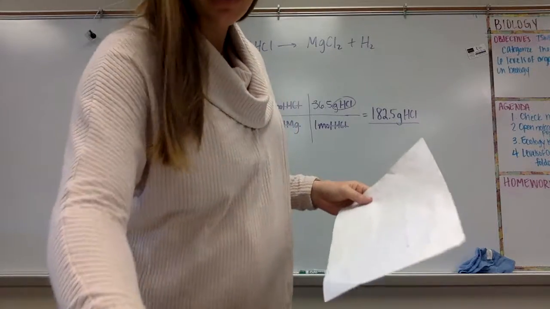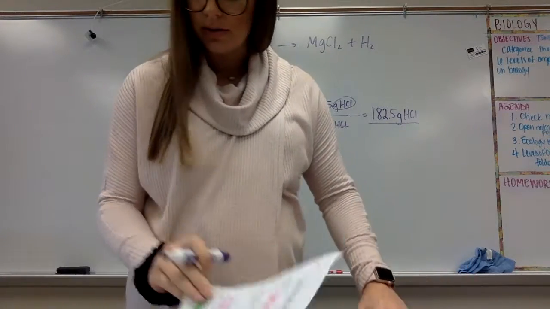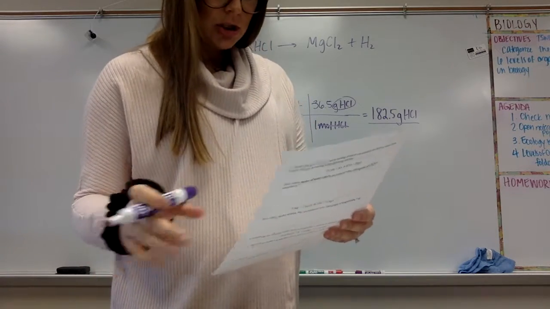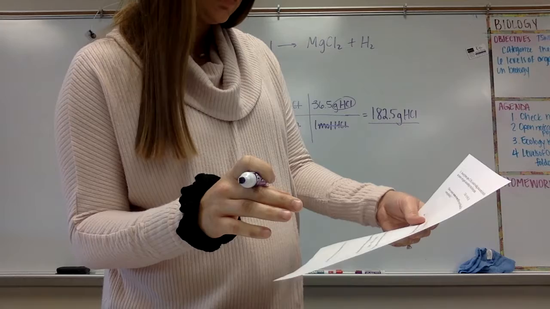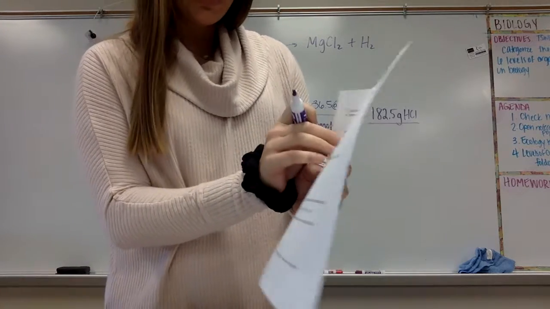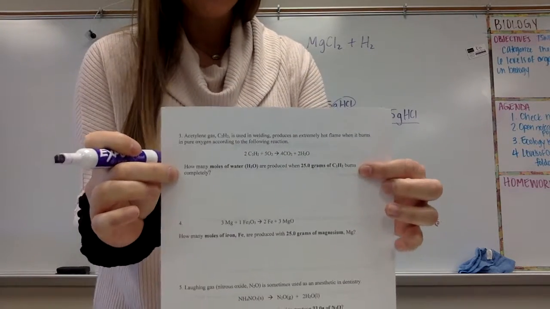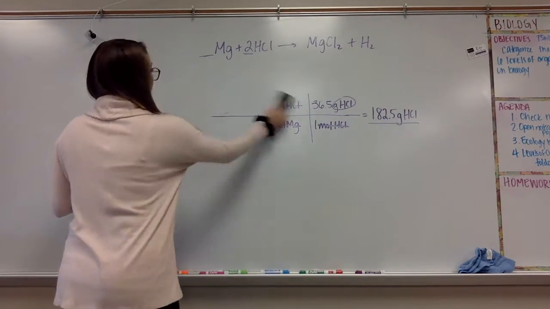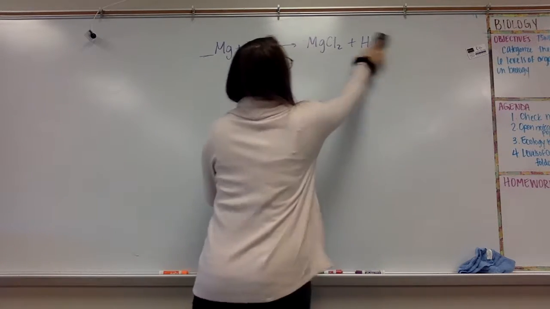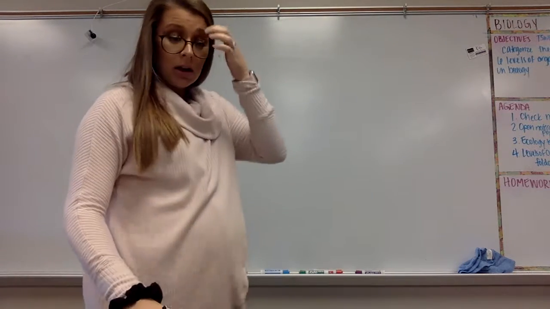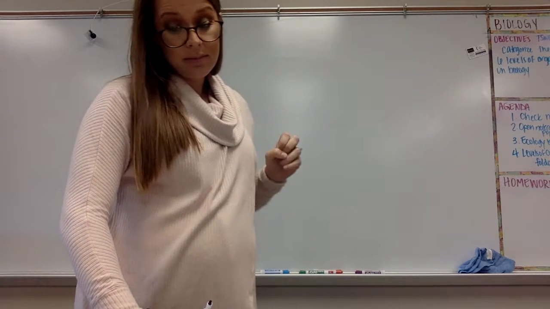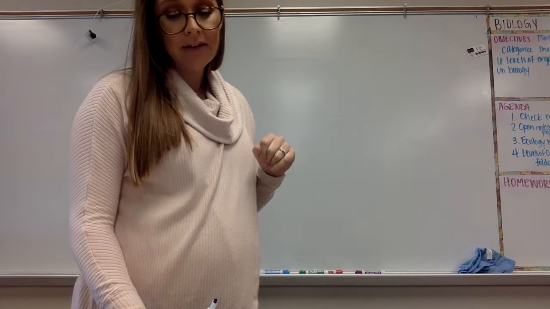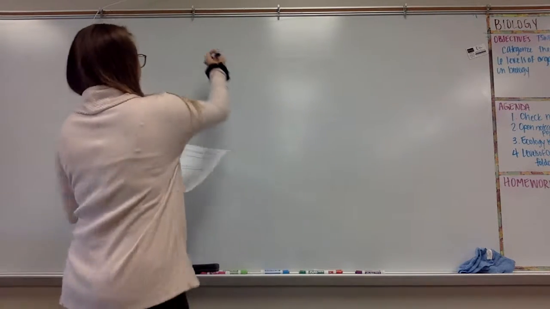Okay, so the next type of problem that we're going to do, we're going to skip down to the back side. So we're going to do 3 right here. So this one says, I now have 25 grams of acetylene, which is C2H2, and then I'm asked to find moles of water.